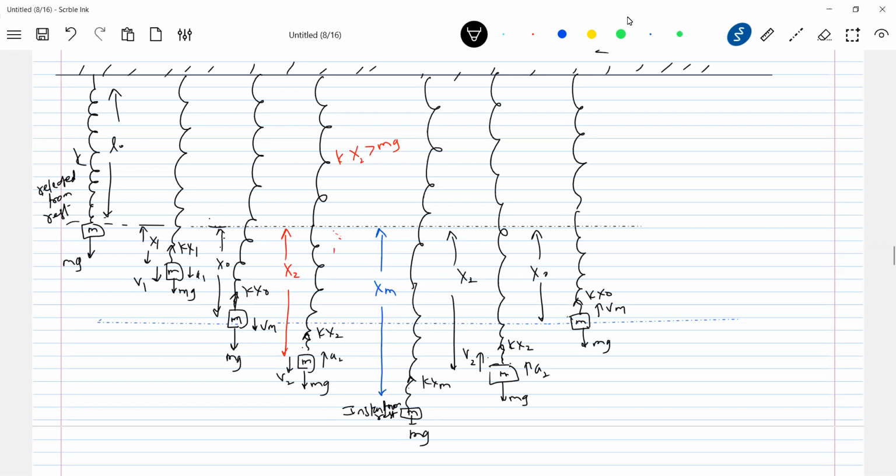Then kx2. One more, last. V1, mg, kx1; now it will be retardation. Again it returns back to this position. So the block describes to and fro motion. Here this I'll call again equal to x naught only. Sir, how can you say it is equal to x naught? That is what we have to prove here.